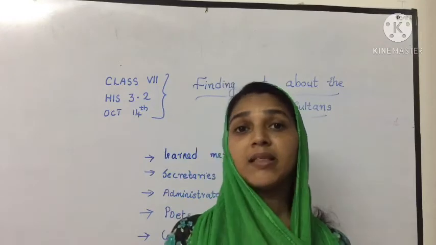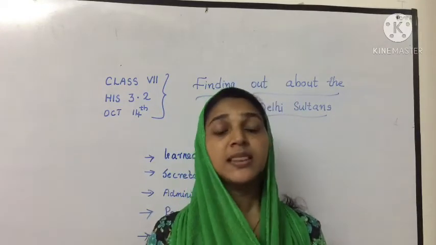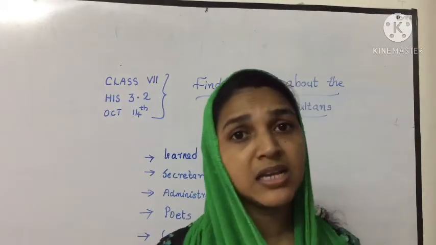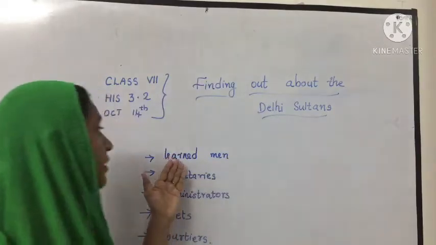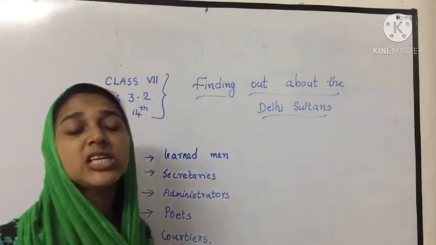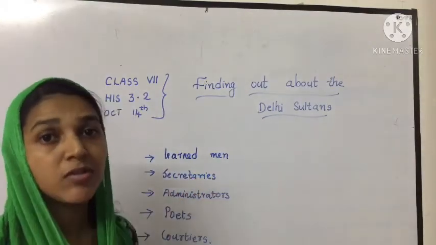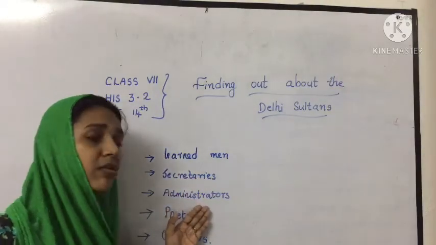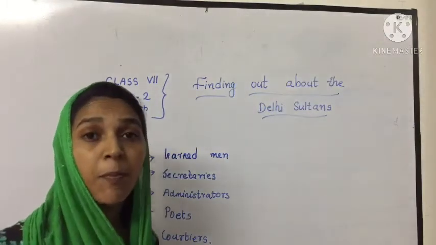And in the Sultan period, almost like prashastis, the manuscripts, that is the Tarikhs or Tawarikhs, were written by learned men, that means educated persons, secretaries, the officials of the king, administrators, and poets, great poets.